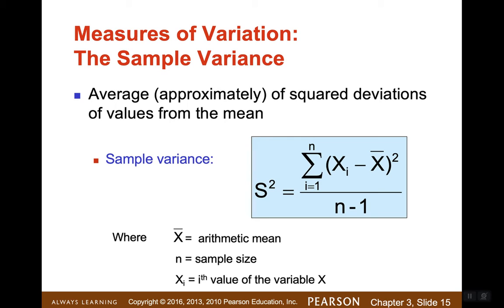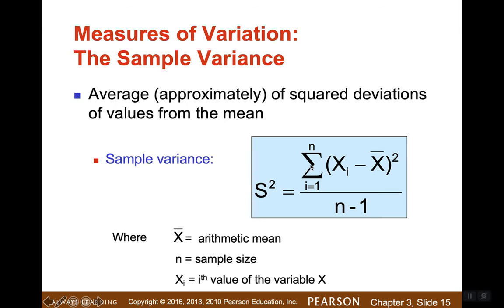The algorithm, or the formula we would use to do this, is we take the average of what we call the squared deviations from the mean. Once again, we have a fairly sophisticated looking formula here.